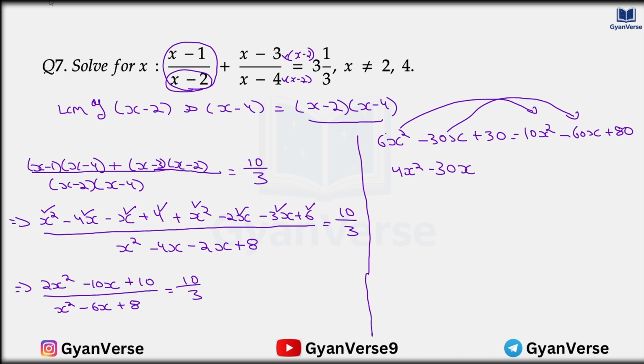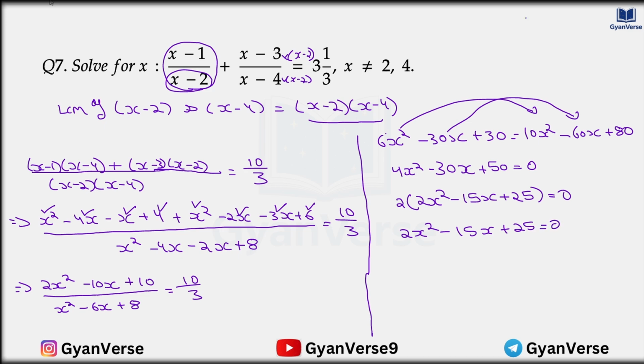Now 30 will go to the other side, become plus 50 equals to 0. So I will take what I can take common. I cannot take 4 common because 4 cannot divide 30. I will take 2 as common. It will become 2x square minus 15x plus 25 equals to 0.